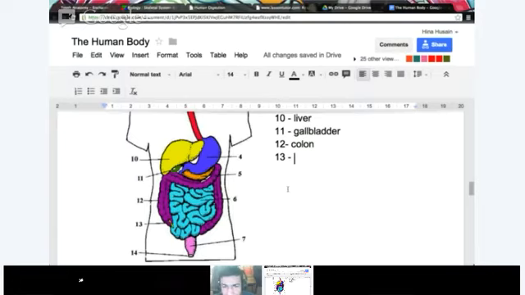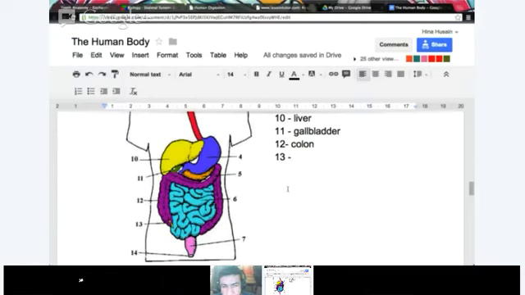Kidney stones, I'm not too sure how kidney stones are formed. Maybe the gallbladder has a part to play in it, but I don't want to give anybody wrong information, so I'm not too sure. Kidney stones, in my opinion, form in the kidneys because it says kidney stones, but I'm not too sure. Okay, so let's move on.